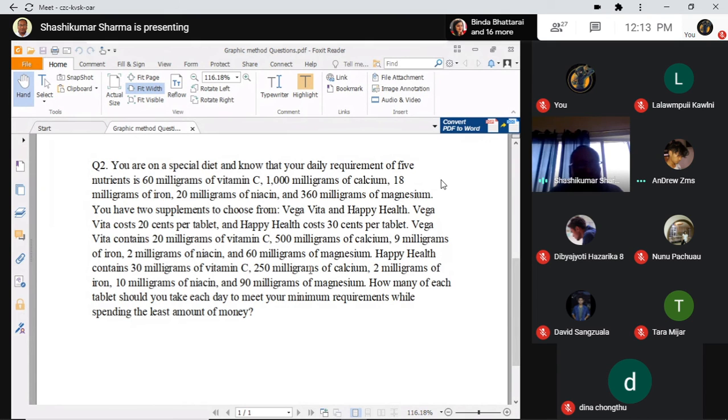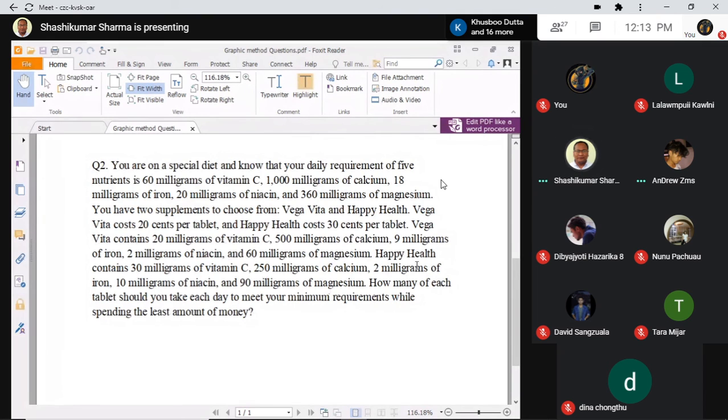Similarly, Happy Health contains 30 milligrams of vitamin C, 250 milligrams of calcium, 2 milligrams of iron, 10 milligrams of niacin, and 90 milligrams of magnesium. So the second tablet also contains similar components, but the amounts are different.